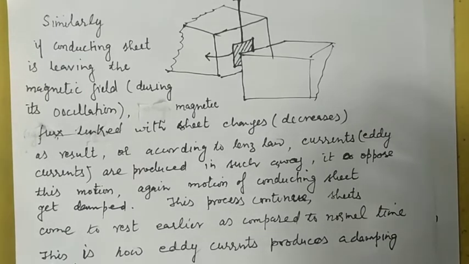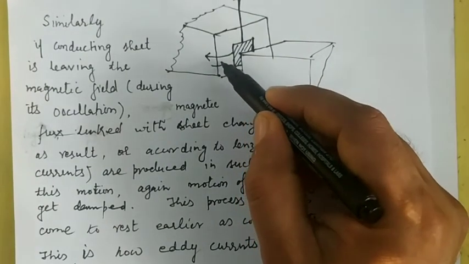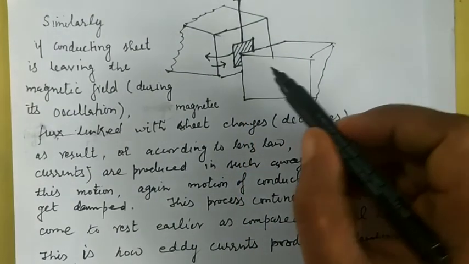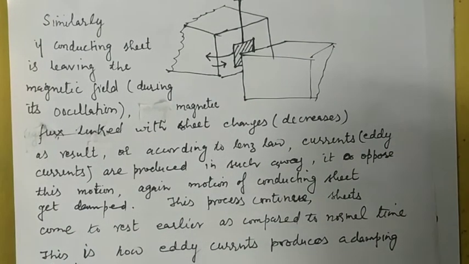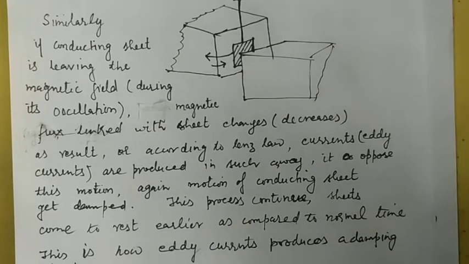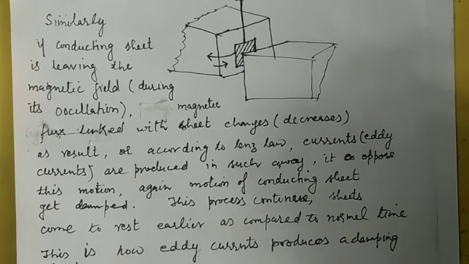How can it oppose the motion? By experiencing a force in the opposite direction. So again the speed slows down. This process continues, and the sheet comes to rest earlier as compared to the normal time. And this is how eddy currents produce a damping effect.